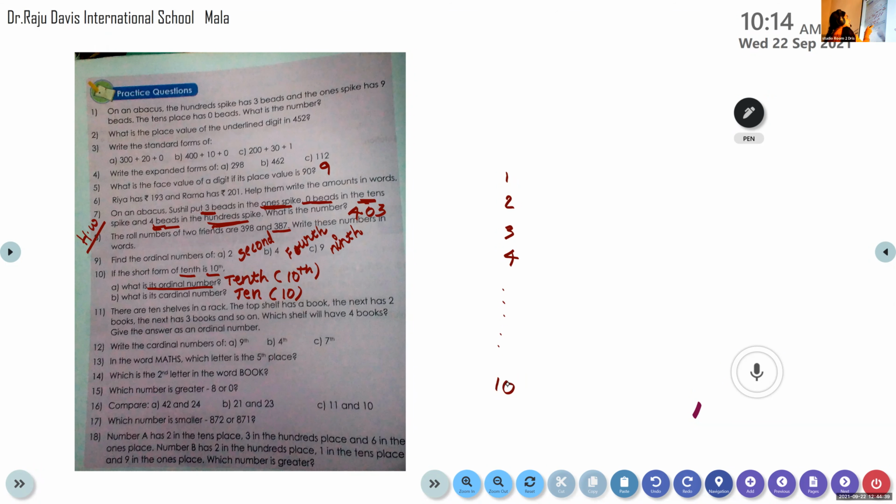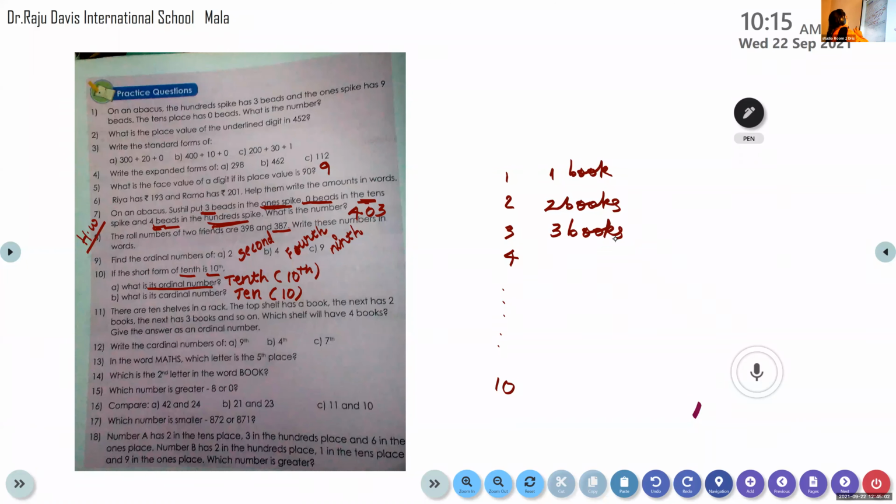In that, the top shelf has a book. So here a book. That means 1 book. The next shelf has 2 books. No need to write this, please understand this one. And the next shelf has 3 books.